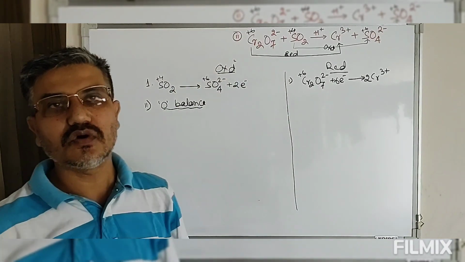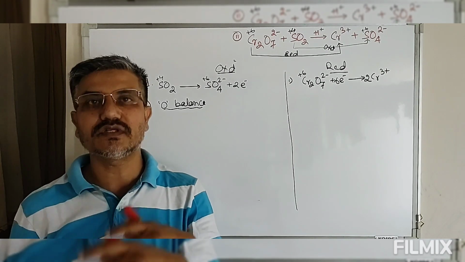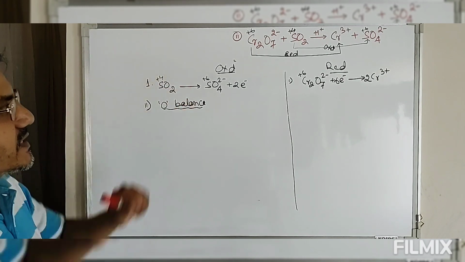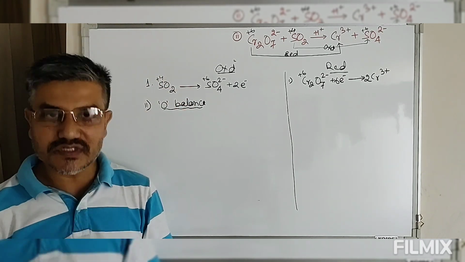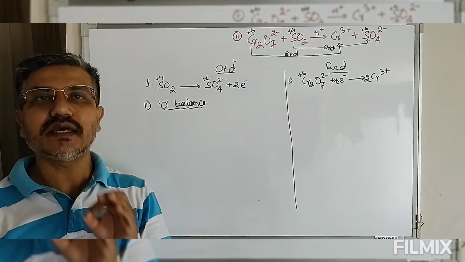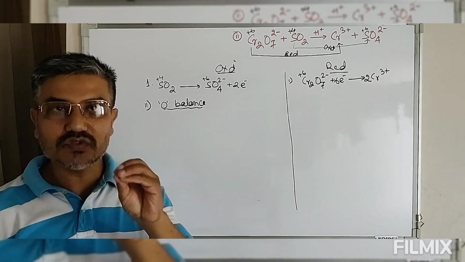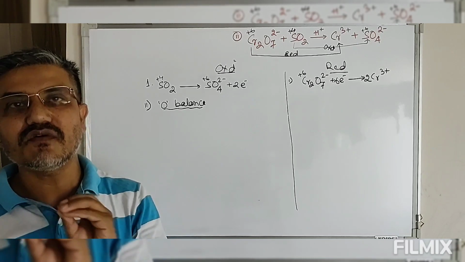So we have to follow the rules for balancing oxygen and hydrogen in acidic medium. So for balancing of oxygen in acidic medium or neutral medium, the rule says simply add a required number of water molecules to the side having deficiency of oxygen.